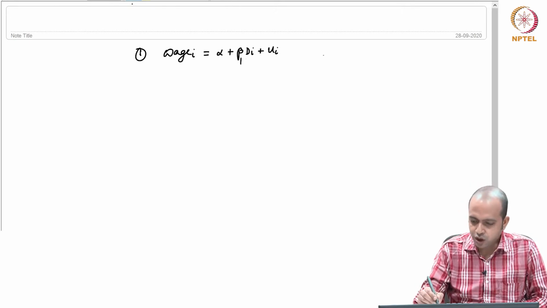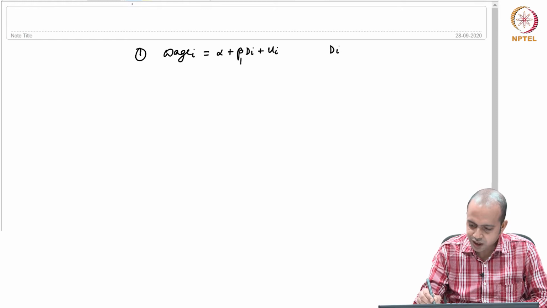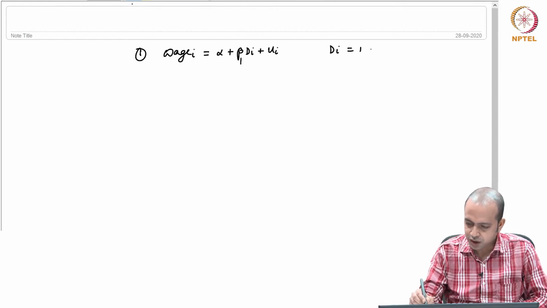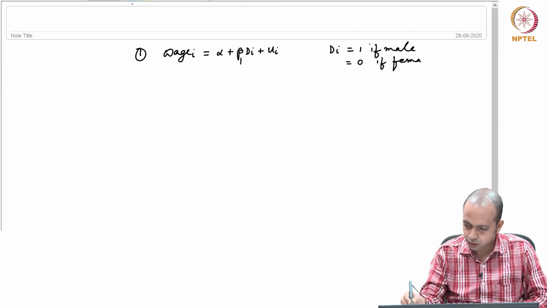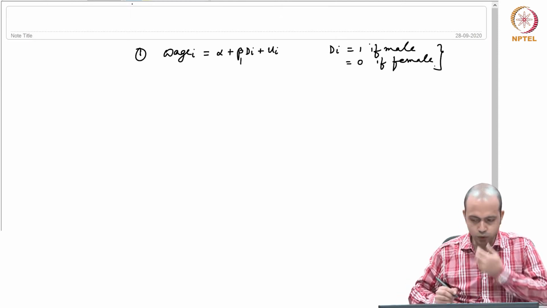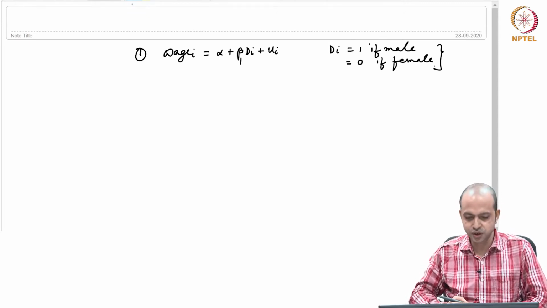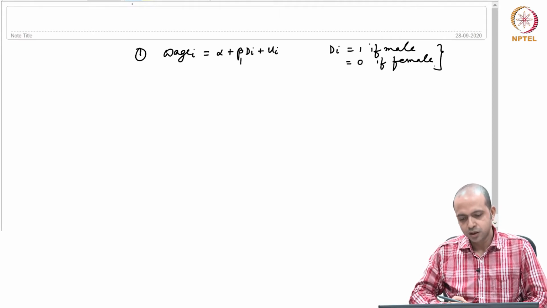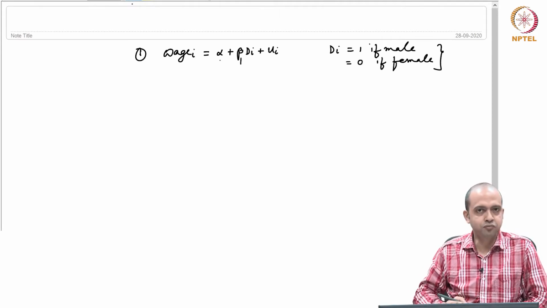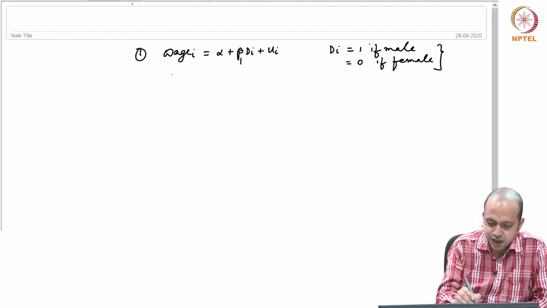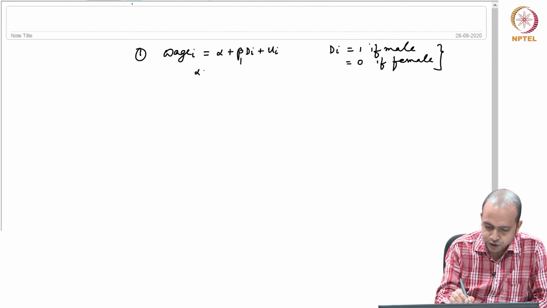And how was our d_i defined? d_i was equal to 1 if male and 0 if female. These are the two categories of the gender variable that we were discussing. And then we said that when you do not have any other quantitative variable on the right hand side, what was the interpretation of the intercept?